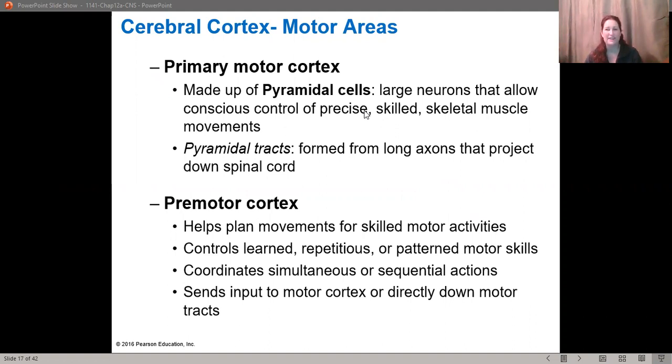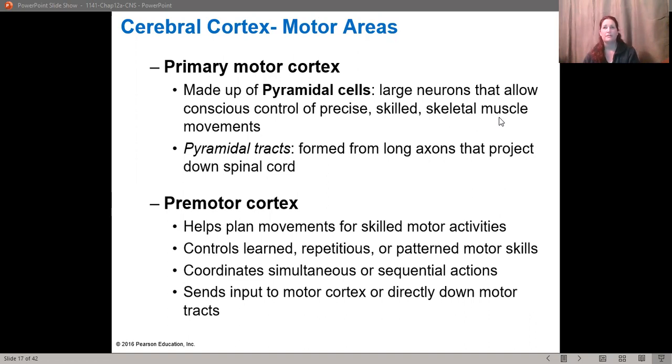So pyramidal neurons are kind of like the Hulk of neurons. They are large, they have large axons, they are going to project all the way down to the spinal cord. So these are massive neurons, and they are going to control conscious, precise, skilled skeletal muscle movement.